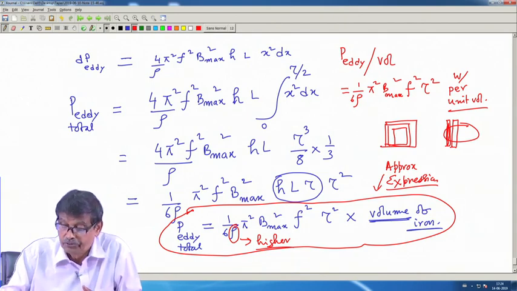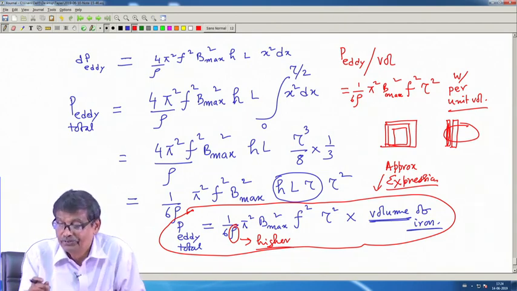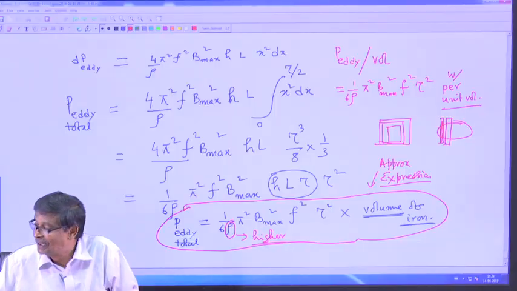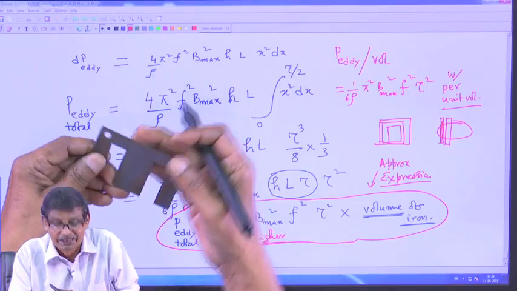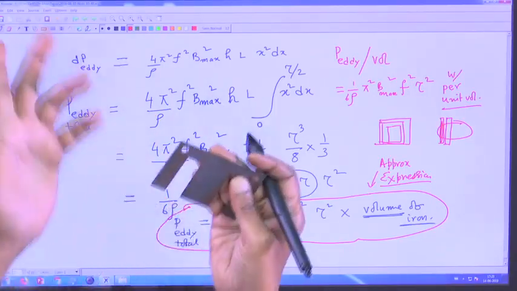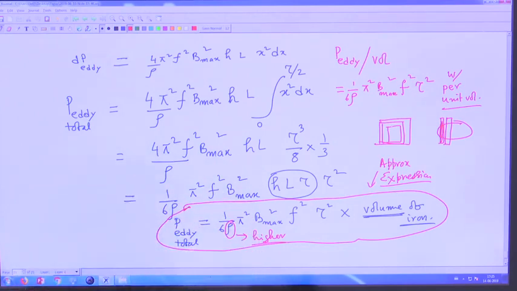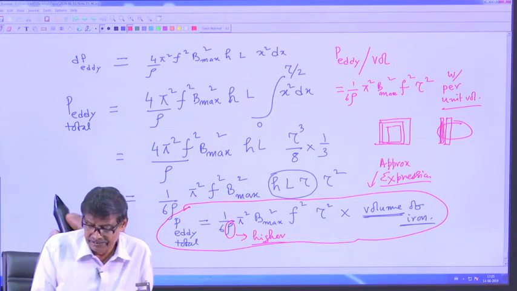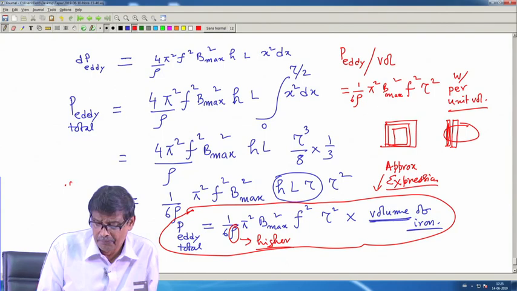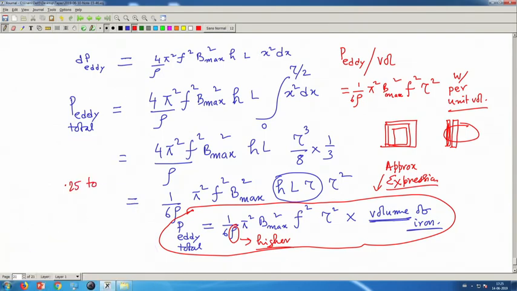It cannot be too small, otherwise those thin plates you cannot make smaller and smaller, they will become brittle, you know. So, the order of the thickness used is maybe 0.25 to 0.5 millimeter for a 50 hertz transformer, order of tau.